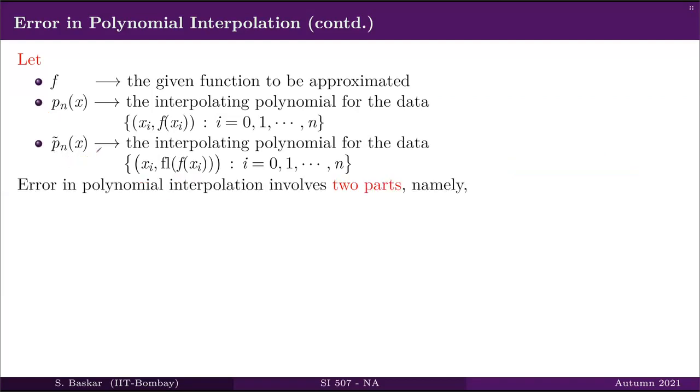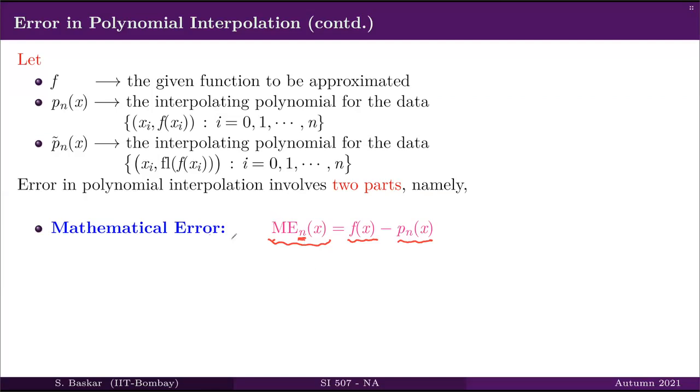Error in polynomial interpolation therefore involves two parts, namely the error in Pn of x when compared to the exact value f of x, which we will call the mathematical error. And as we can see, this error depends on the variable x. Therefore, we will use the notation ME of x. And since this is the error involved in the nth degree polynomial, we will also use the suffix n in the notation.